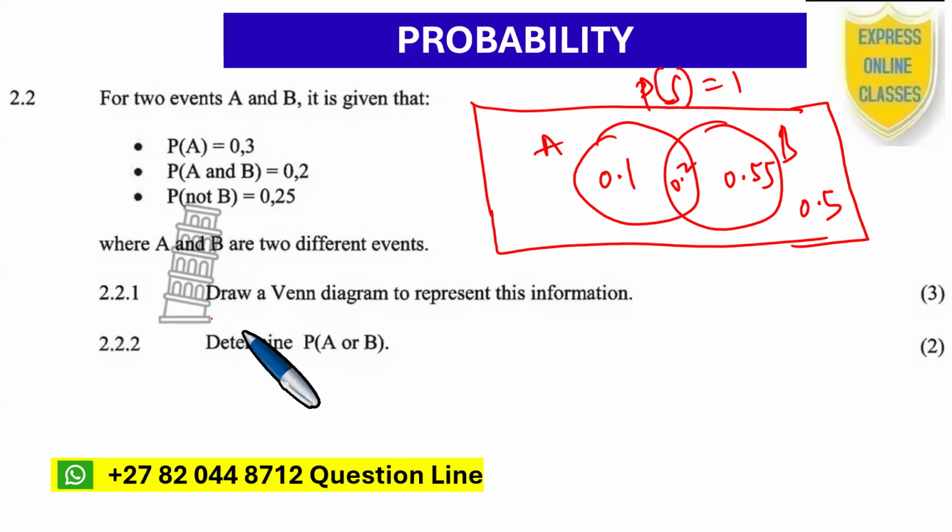This is the Venn diagram we just drew. Determine the probability of A or B. What is the probability of A or B? 2 marks. You have 2 minutes. Then we shall discuss together.